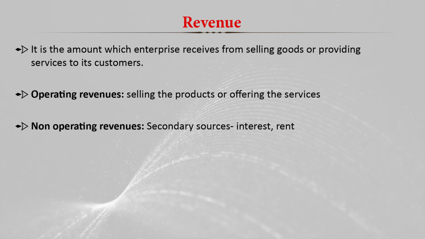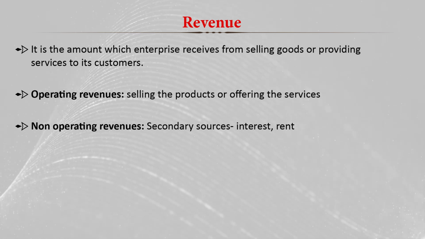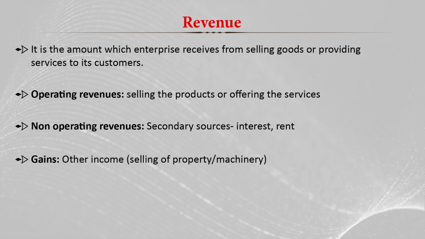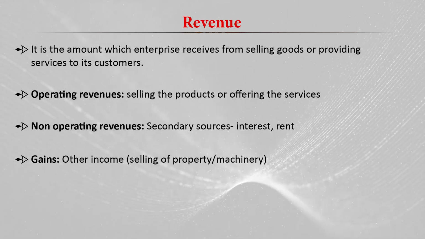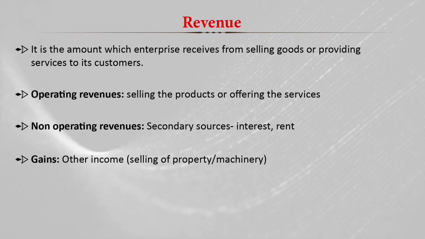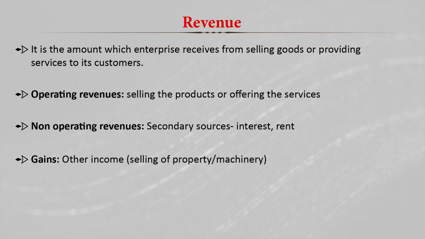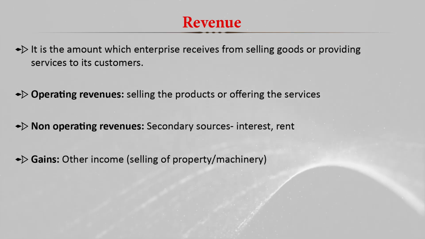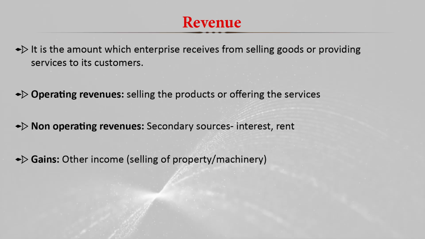That is also part of the revenue, but it is treated as non-operating revenue. And then there are other incomes, like if you have some idle machinery and you sell that machinery or some property of the firm, that is basically other gain. That other gain is also included in the revenue.